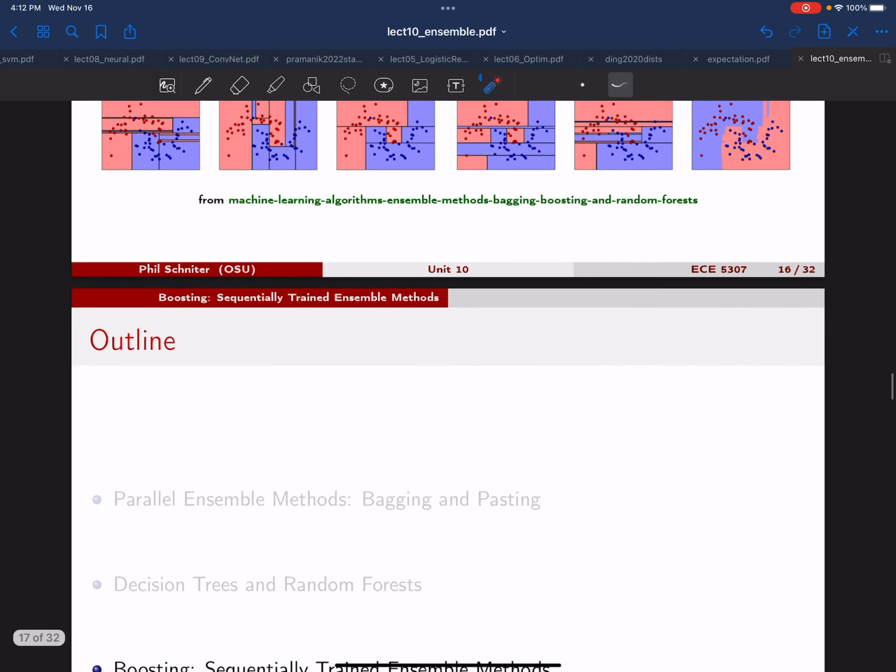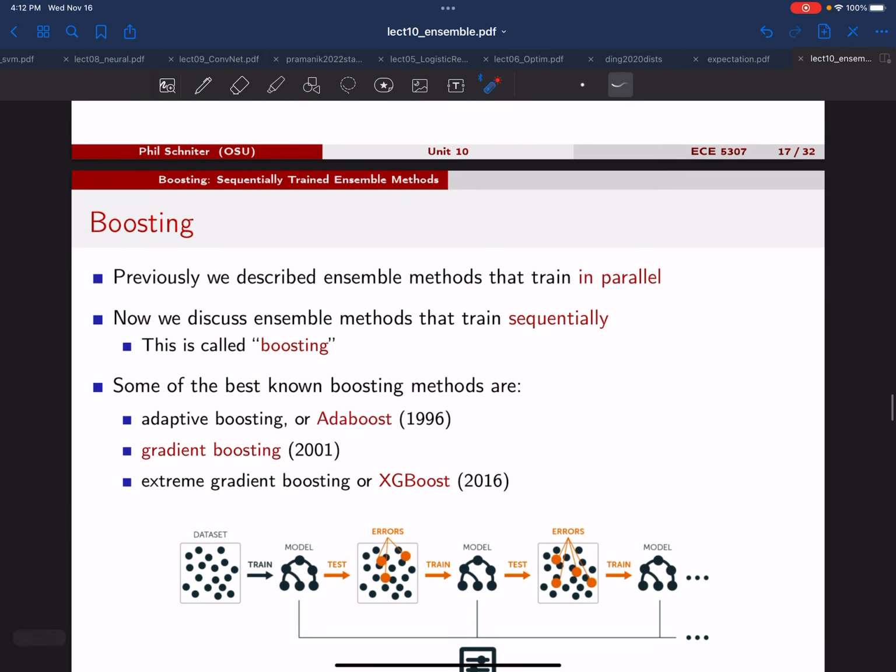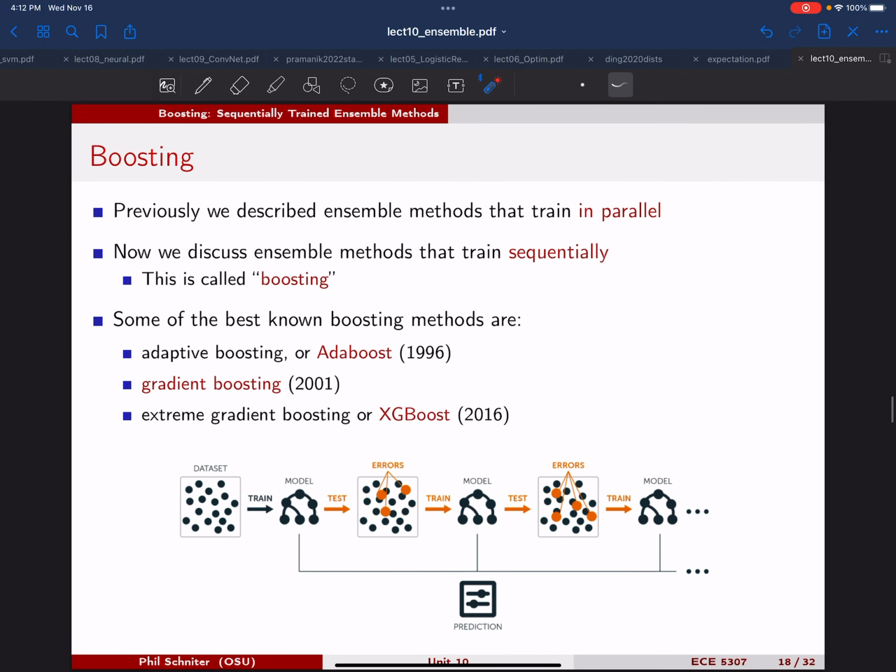So what we're going to talk about today is a different approach that, instead of being parallel, is sequential. So the idea is that you start with a data set, you train a model here, looks like a tree, and then you look to see how that model did in terms of which samples were errors and which were not.